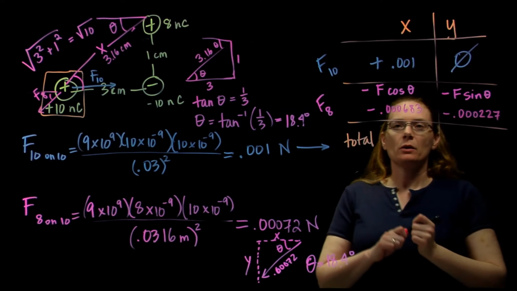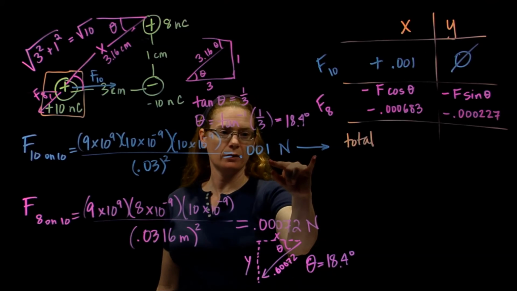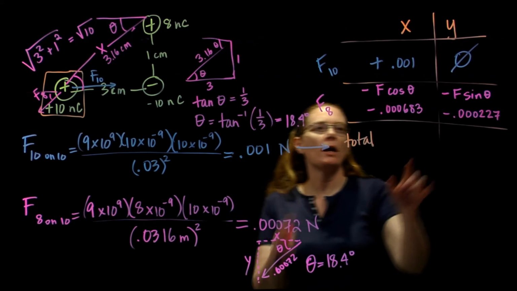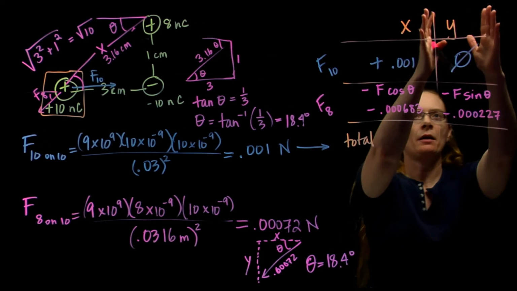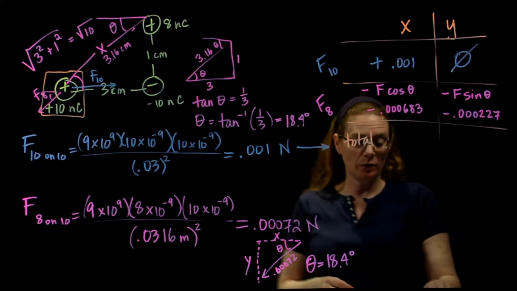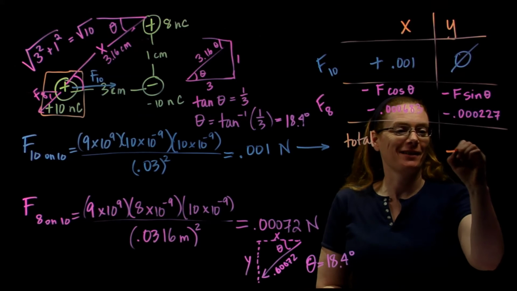Okay, so now I know the horizontal and vertical components for this force, and I know the horizontal and vertical components for this force. I want to add up all the horizontals and add up all the verticals to get my final triangle. So when I do this, well, okay, this one I can add up easily. 0 plus that is just that.